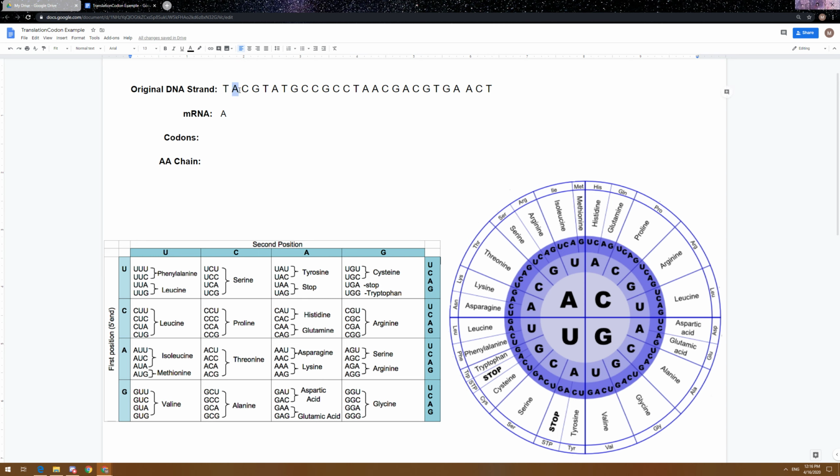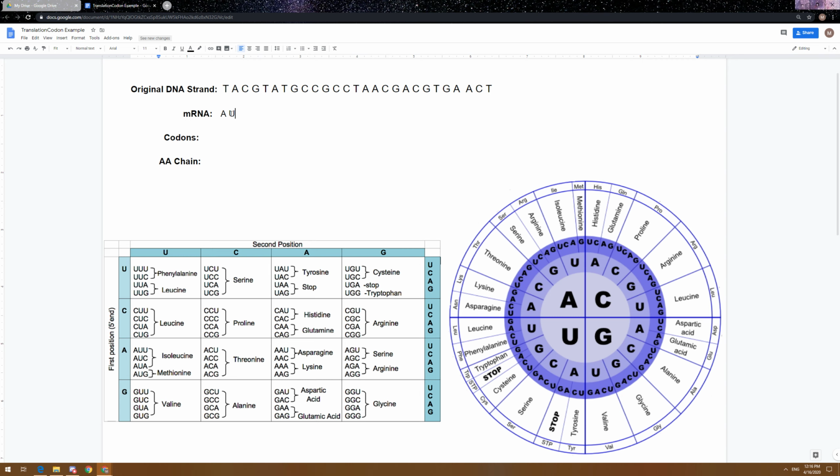In DNA, A pairs with T, but unfortunately T, which is thymine, is not compatible with RNA. So instead it is replaced by something very similar to thymine, which is called uracil, which is going to be a U. So remember, in RNA, T's are all replaced by U's.